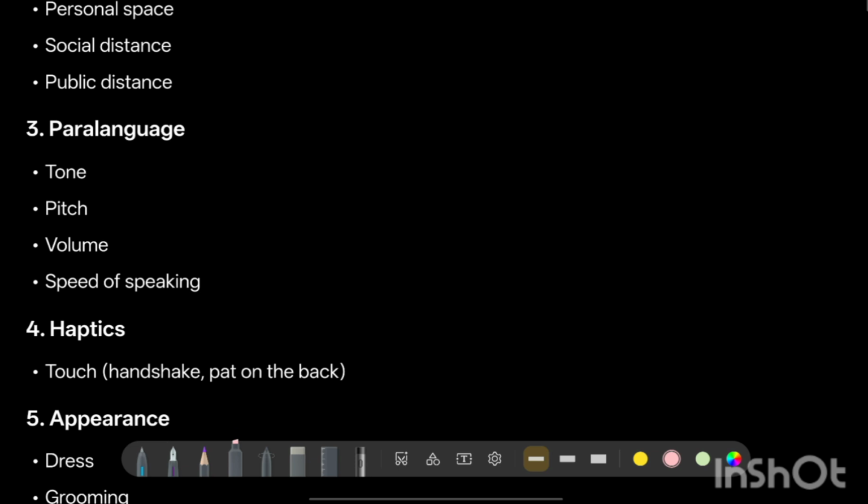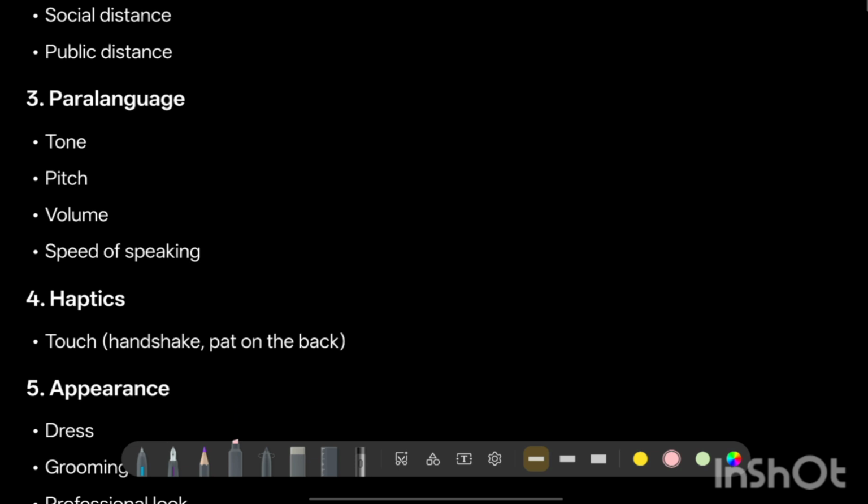Also, we have paralanguage, that is tone, pitch, volume and speed of speaking. This is really important because this actually defines your communication. Tone, I mean, in which tone you are talking. There are some people who are really straightforward, and there are people we can call introverts, who are not able to express themselves.